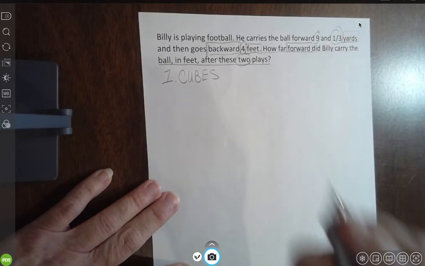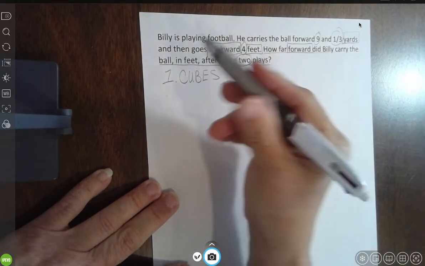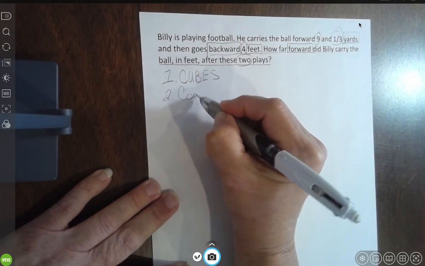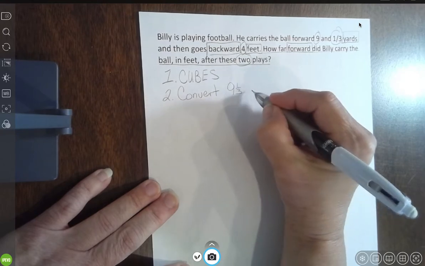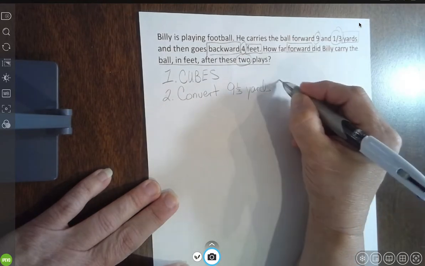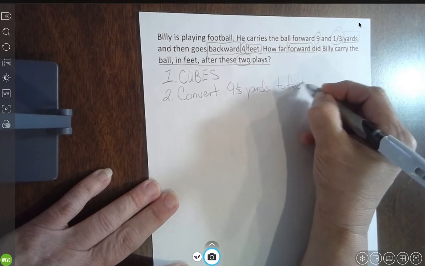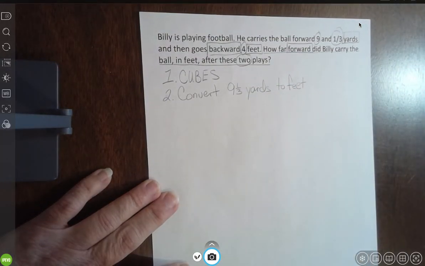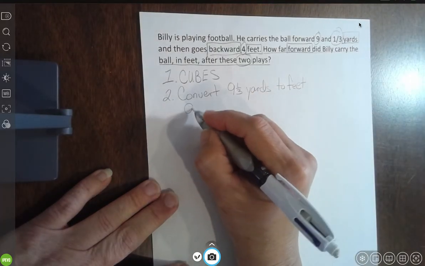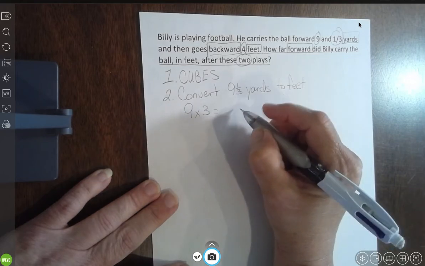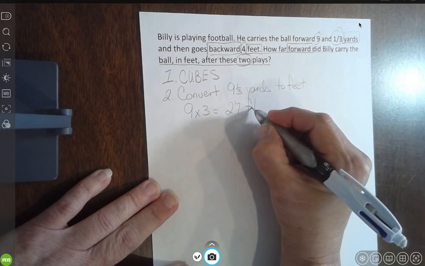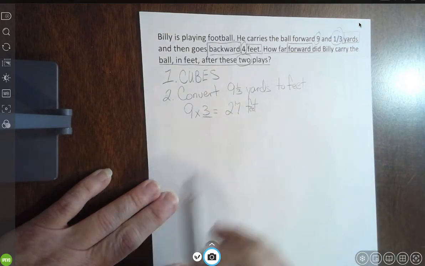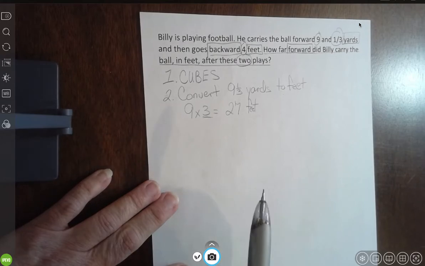First thing I'm going to do is convert 9 1/3 yards to feet. Okay, so let's see. 9 times 3 equals 27 feet, because I know there is 3 feet in every yard.